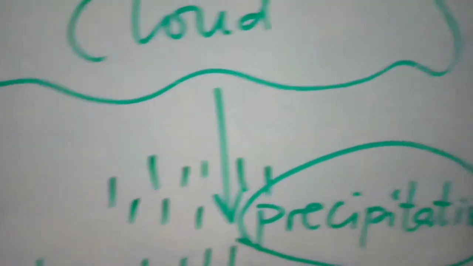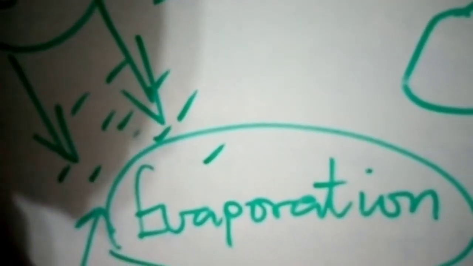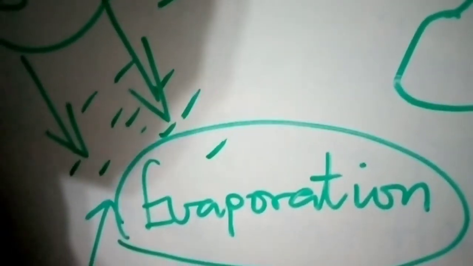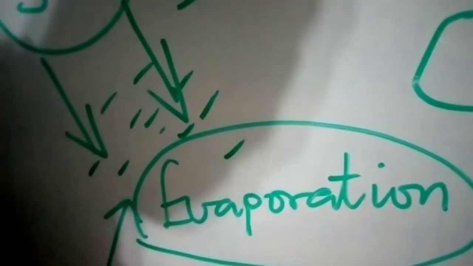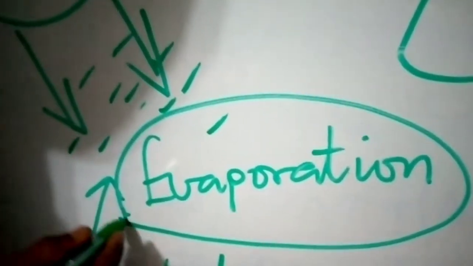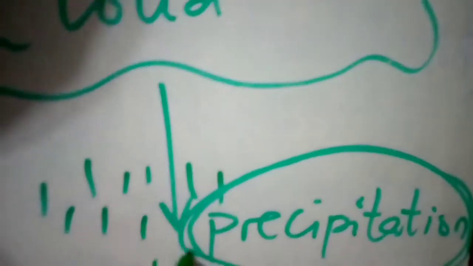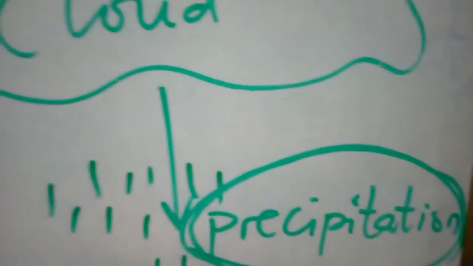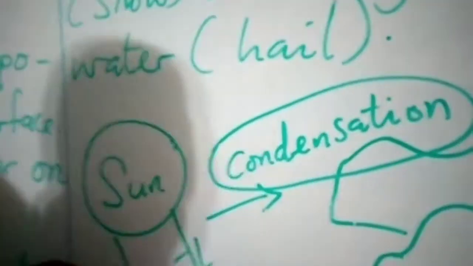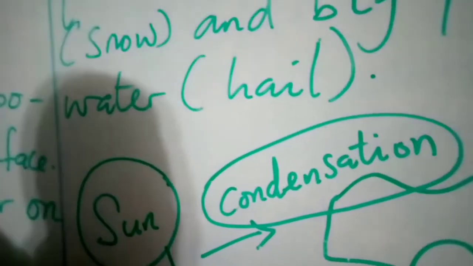When water goes to the atmosphere, it is called evaporation. So when water leaves the land to the atmosphere, you should know that this is called evaporation. But when water falls back to the earth, it's called precipitation. And when water gathers in the atmosphere, it's called condensation.